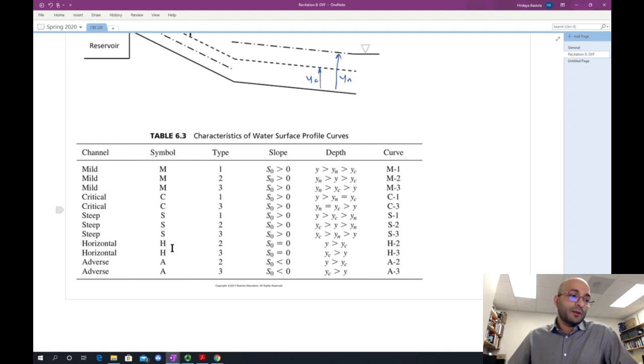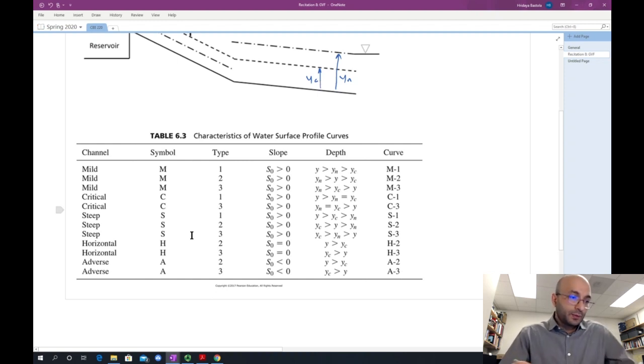So for all practical purposes, region 1 doesn't exist. You don't have to worry about it. So what you have are region 2 and 3. Adverse channels also have mathematically a normal depth of infinity. So you have again just region 2 and region 3.